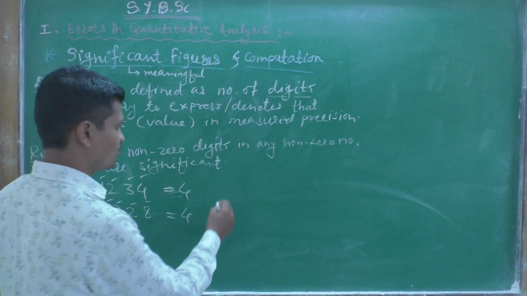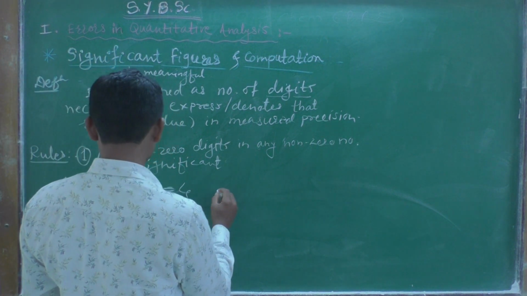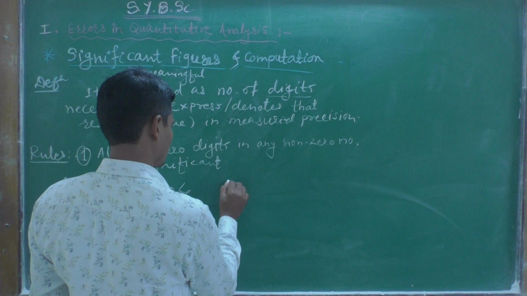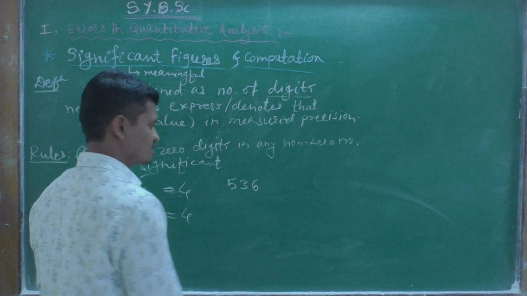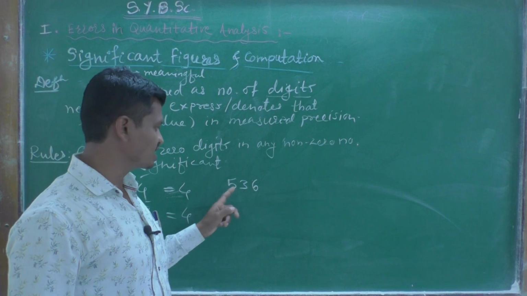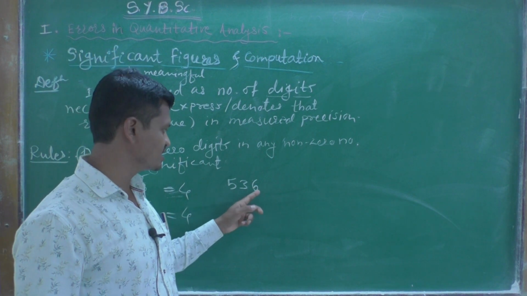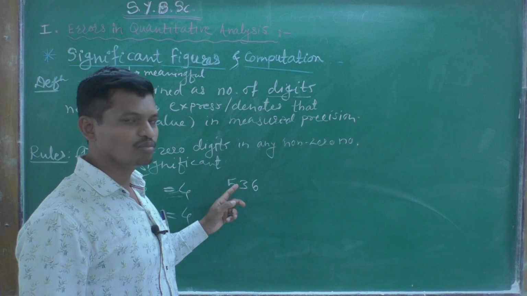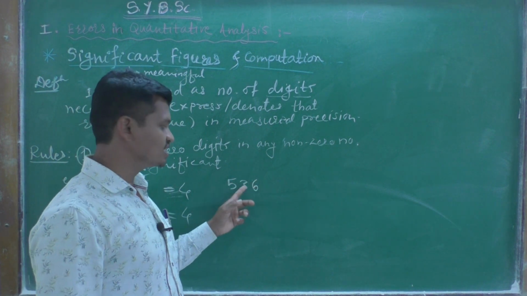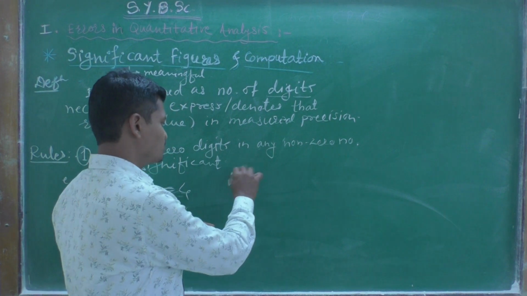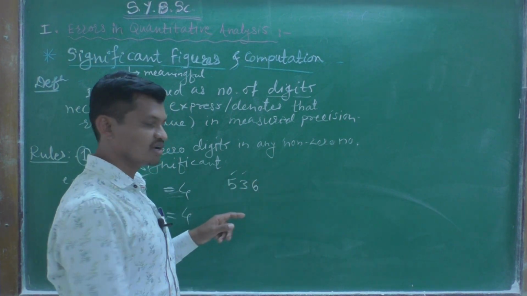Let us take one more, 536. This is a non-zero number, all digits are non-zero, so 5 is significant, 3 is significant as well as 6.